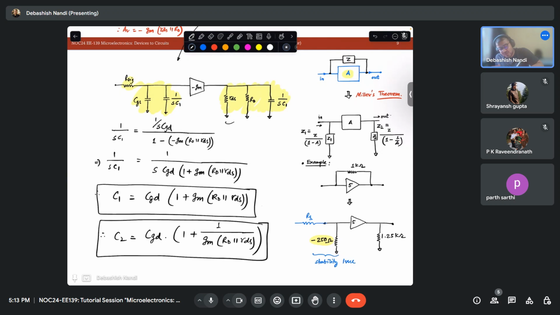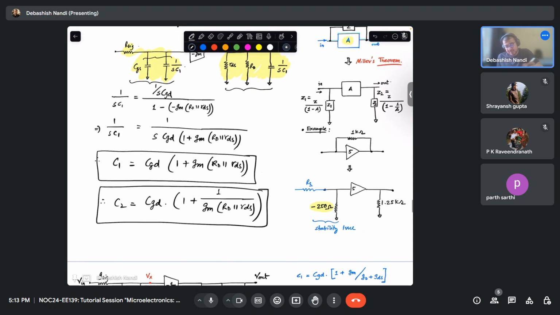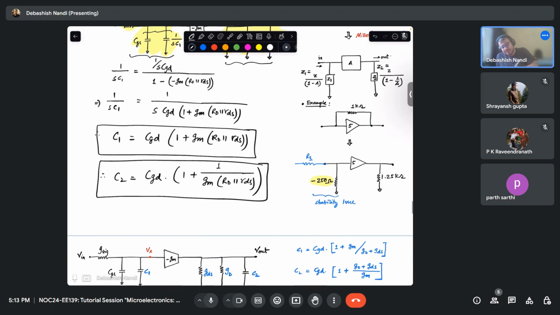Here I have an equivalent RC circuit at the output side. I have an equivalent RC circuit at the input side. So I can easily tell that there are two poles. One is the equivalent capacitance of this multiplied by the RC. Same thing is happening here, right?